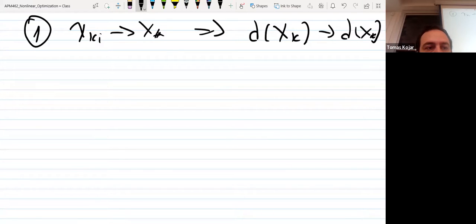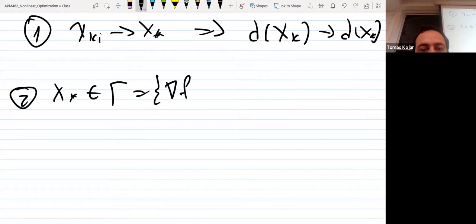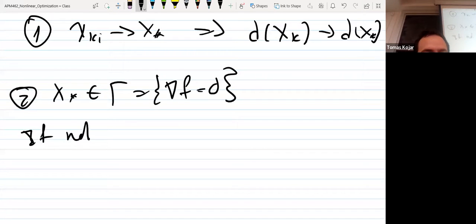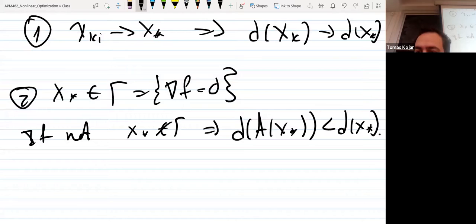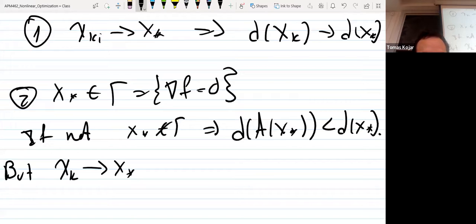That was step one. Step two, we want to show that the fixed point is inside the solution set. Think about it this way. Suppose not. If not, then by assumption, D of A of X star is supposed to be less than D of X star. But X_k converges to X star.